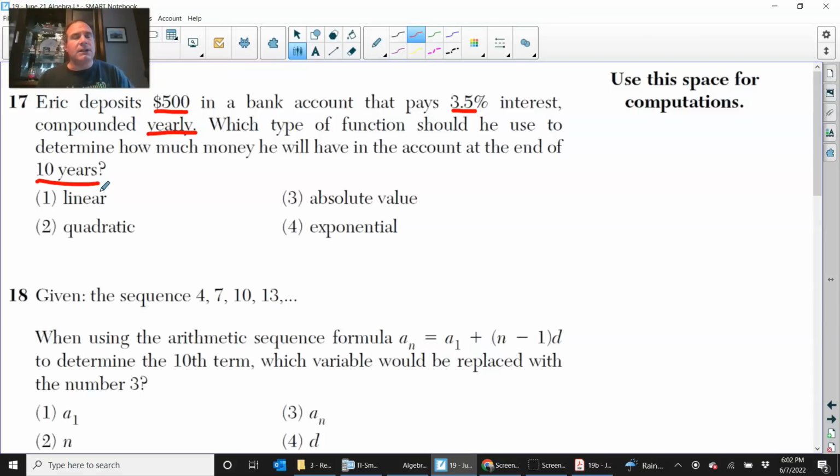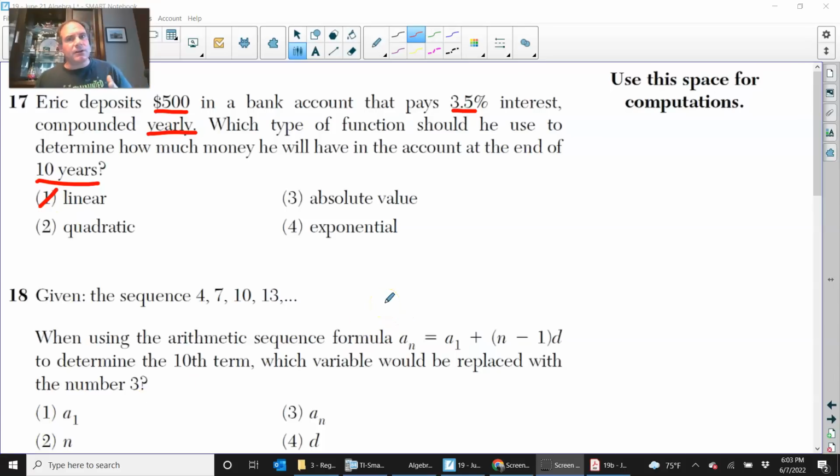A linear function would say, if Eric deposits $500 and makes, let's say, $100 per year on that $500, the second year $100, the third year $100, that is a constant rate. What we have is 3.5% compounded yearly. It's going to be different all the time. So that is not a constant rate, and we could cross that out immediately.